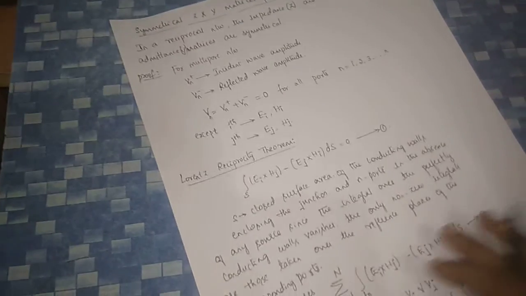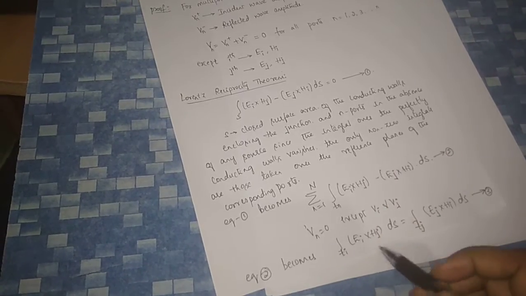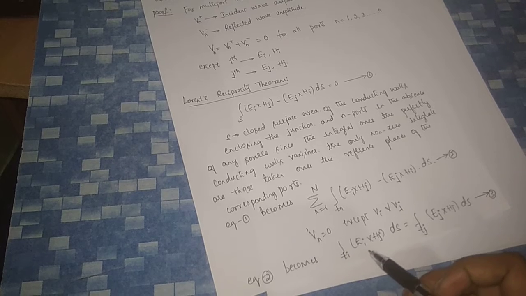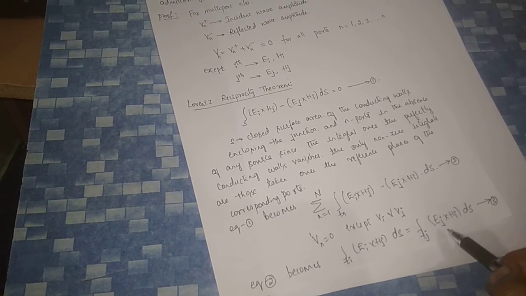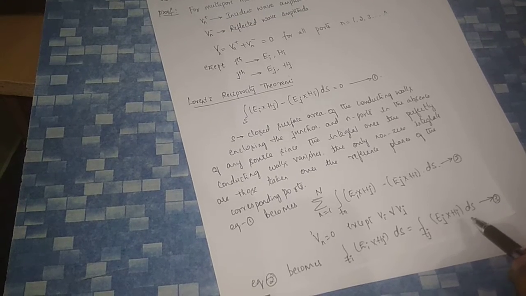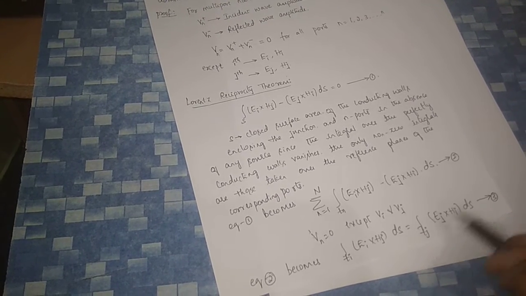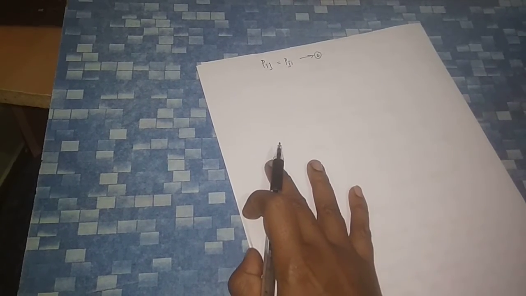So from the previous equation, that is equation 3, what you have is the integral over Ti of Ei into Hj into dS is equal to the integral over Tj of Ej into Hi into dS. So this gives you Pij is equal to Pji, equation 4.